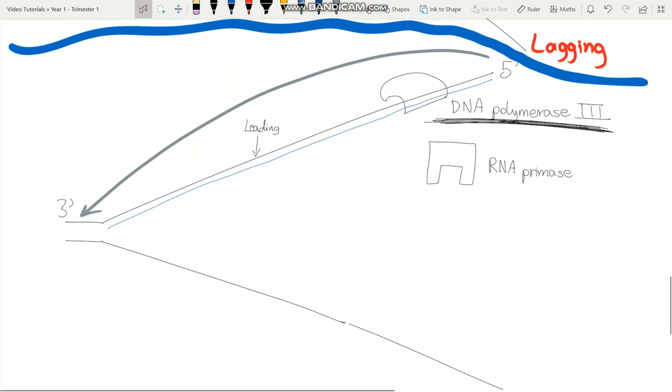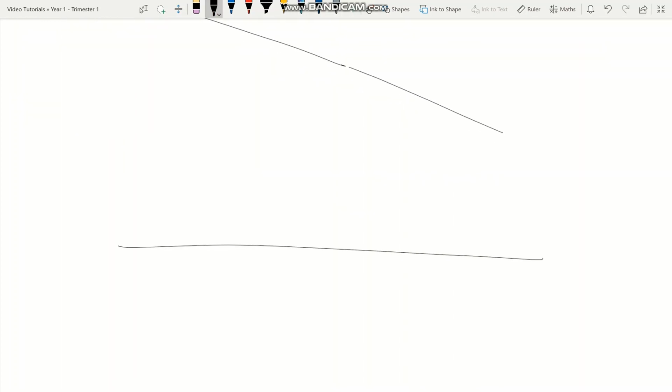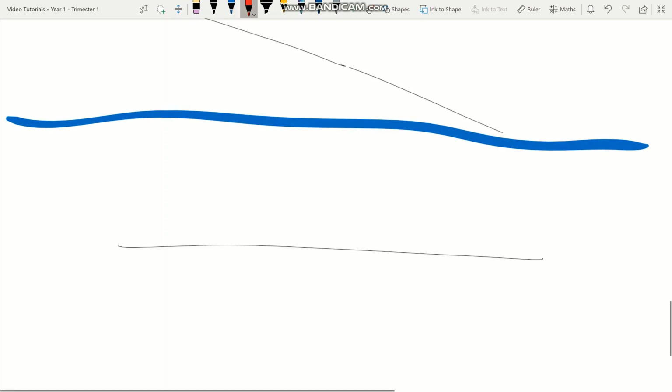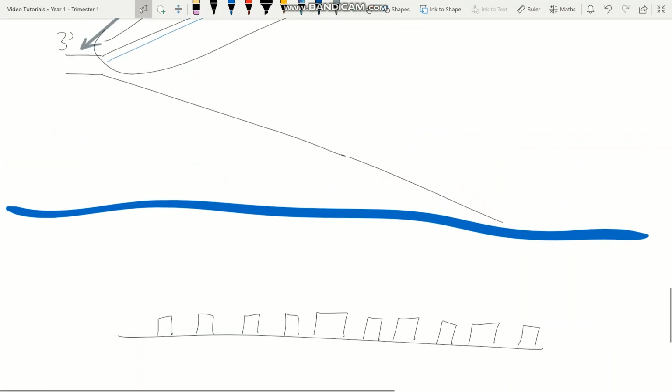Now, if we zoom in to this leading strand and redraw it here, with its various nucleotide bases present as these square-shaped structures, what RNA primase basically does is that it adds a complementary RNA sequence for about 10 nucleotides to this particular DNA leading strand.